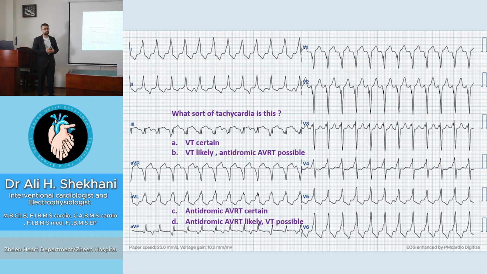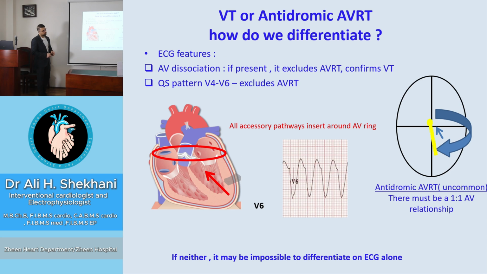Regular. So the next step, look for any dissociated P wave, if it is present. We have two differential diagnoses, either VT or pre-excitation tachycardia, or WPW. For any pre-excited tachycardia, usually the accessory pathway is around the mitral or tricuspid valve, a short segment.